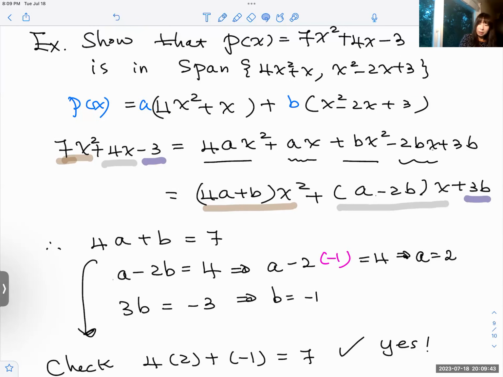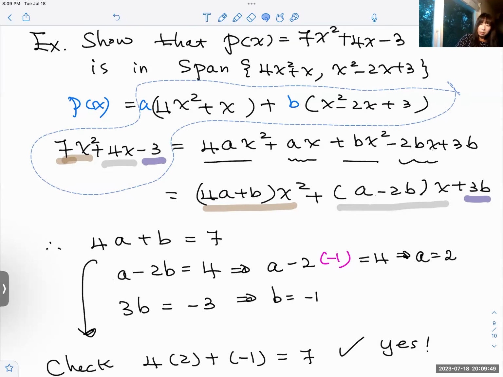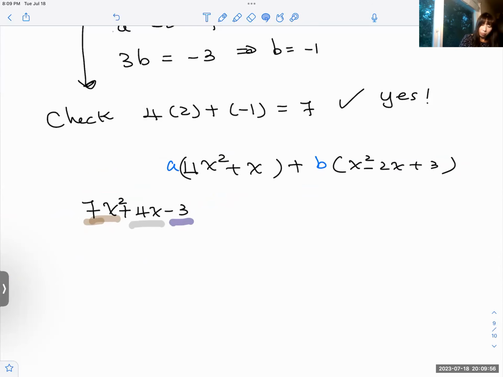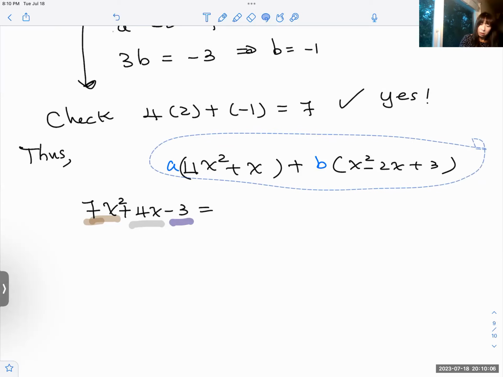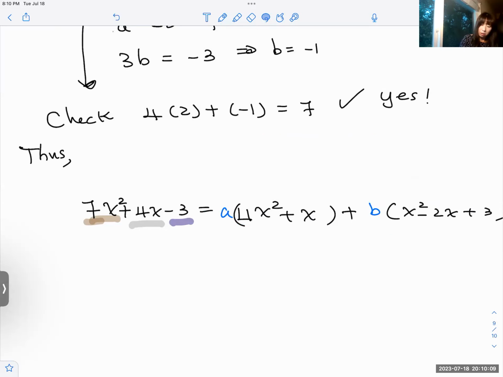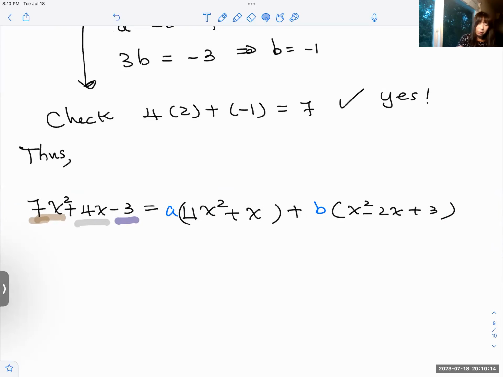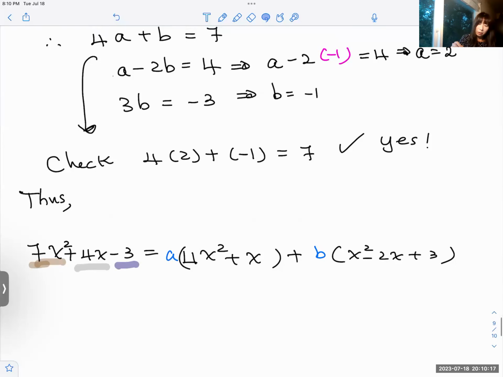Let me copy this way. So this is the form of linear combination. Okay, so a equal to 2, and b equal to -1, right?